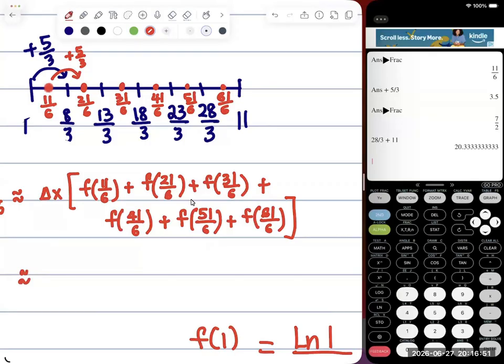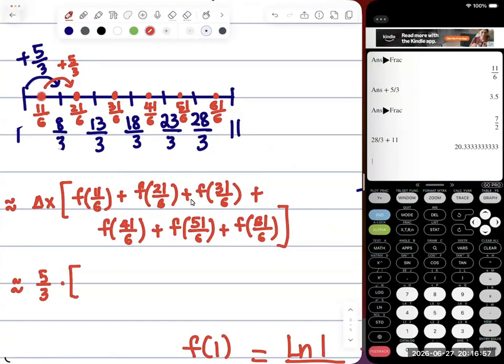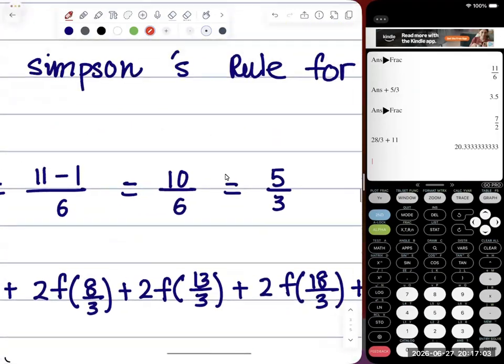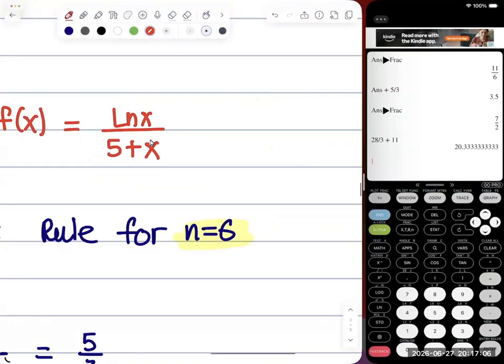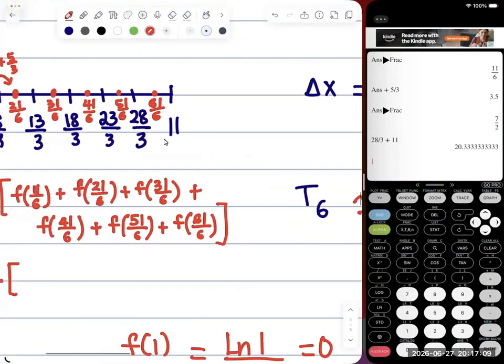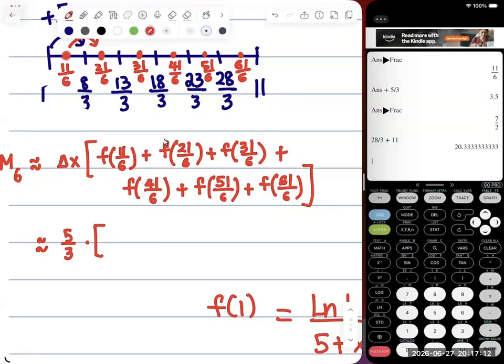So our delta x is still 5 over 3. And then we're going to figure out the whole bunch of things right here. Yes, we still put these numbers back into our function. Where's our function? This one. Okay, so we're going to put in ln of 11 over 6, ln of 11 over 6 divided by 5 plus 11 over 6. Okay, so that is the first value. Make sure you put the parentheses when you divide by the two terms in the denominator, otherwise your answer will be different. And then we just keep going to input the rest.